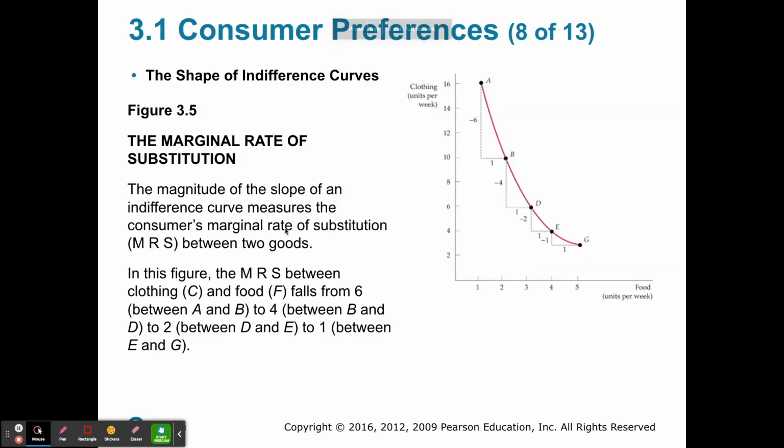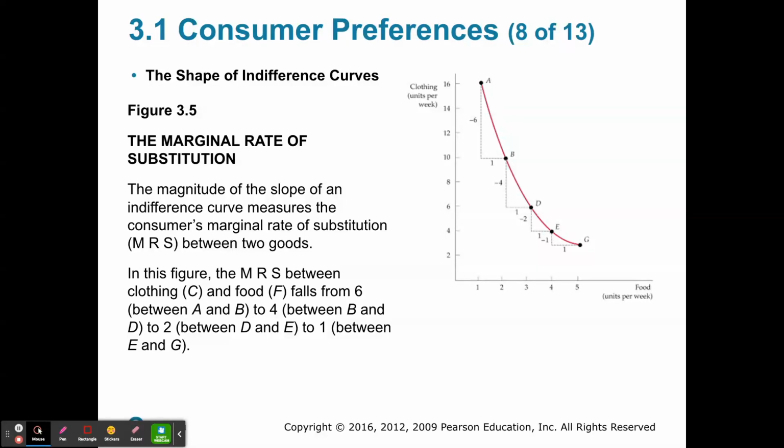If we look at bundles A and B, to move from A to B requires a reduction of 6 units of clothing, but it takes only 1 unit of food to make up for the loss of 6 units of clothing.